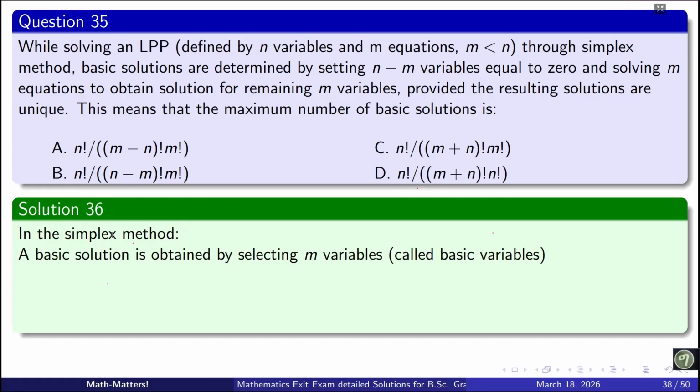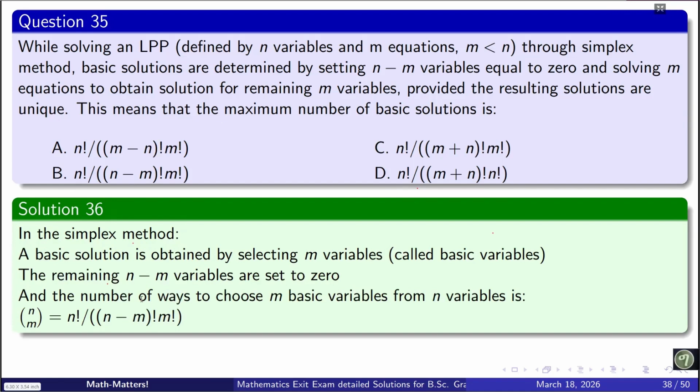We know that in the simplex method, a basic solution is obtained by selecting m variables called basic variables. The remaining n minus m variables are set to 0. So the number of ways to choose m basic variables from n variables is n choose m, which can be calculated as n factorial over n minus m factorial times m factorial.